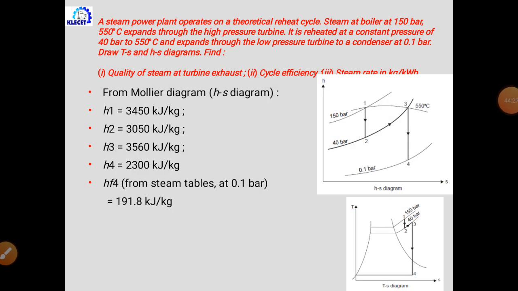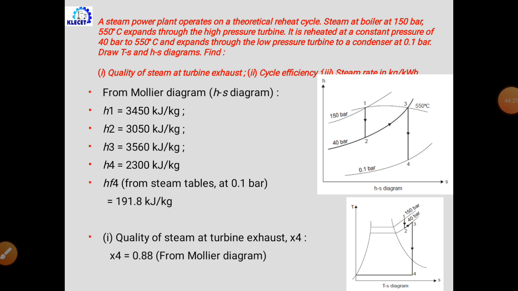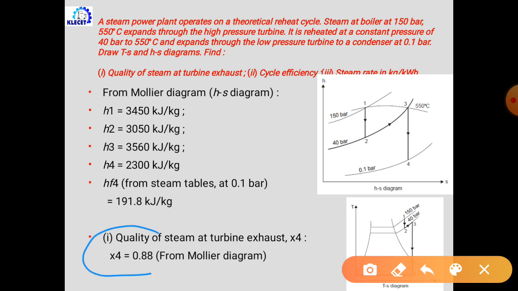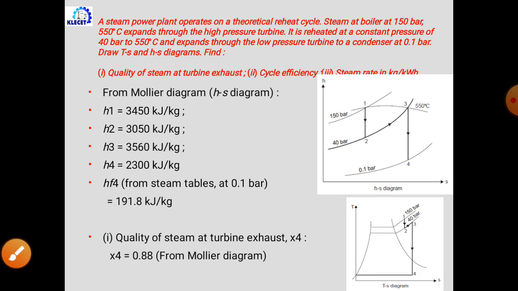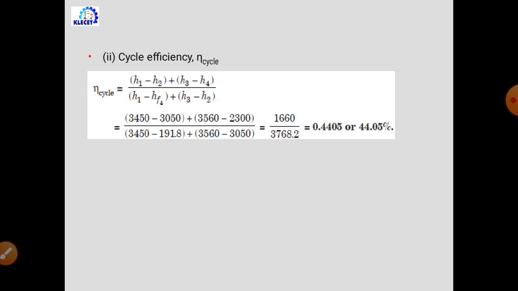After that, the quality of the steam, that is the first answer as we understood from the Mollier chart. The quality X4, that is the turbine outlet X4, we have already determined as 0.88 from the Mollier diagram. Next we will calculate the cycle efficiency, that is the second bit.